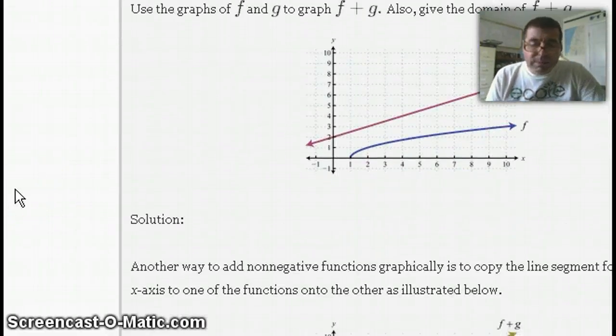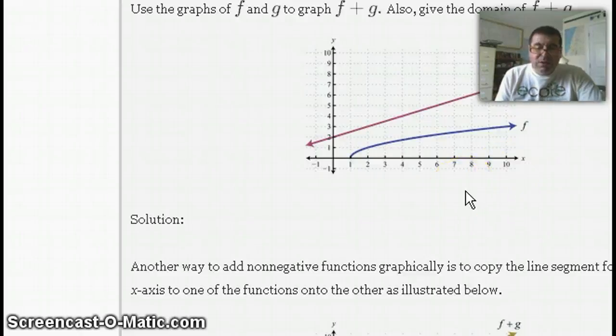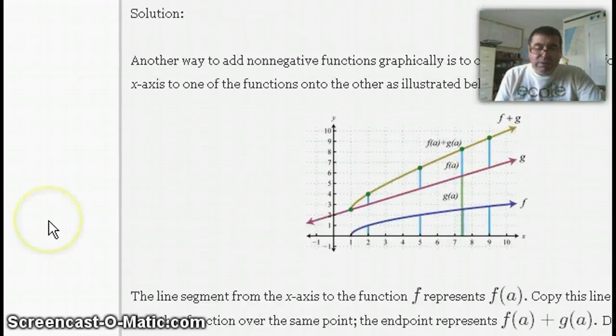Here's another example. Could I add these two functions together? Well, when I say that, I have to identify the domain. And here on the blue function, or f, it's only defined from 1 to the right. And so the sum would begin right here. That value, which is 0, plus this value, which looks like it's 2.5, that would be 2.5, wouldn't it?